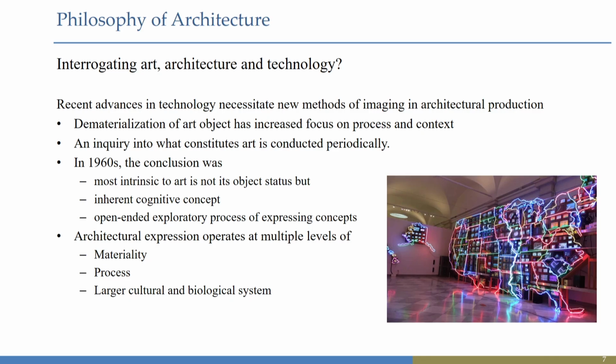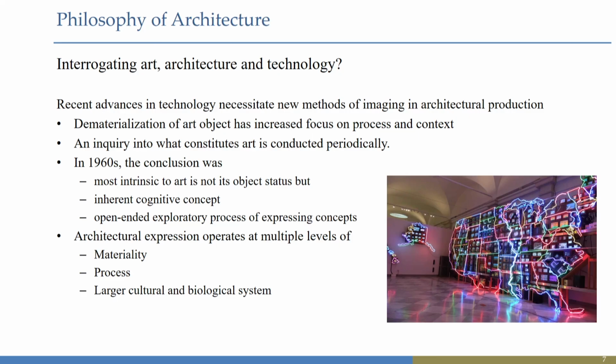Finally, architectural expression operates at multiple levels. So, it was recognized that architecture, while cognition and dematerialization and exploratory ways, all that is important, but we must remember that architectural expression does operate at multiple levels, and those multiple levels are materiality, which means there is a touch and feel element to it. Then there is a process.